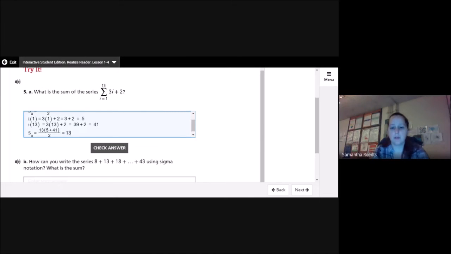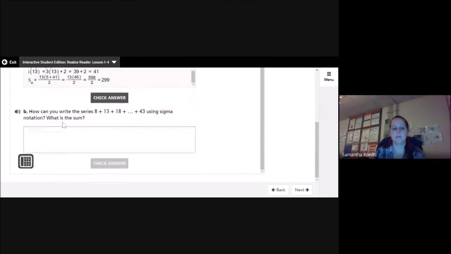So equals 13 times 46 over 2, equals 598 divided by 2, equals 299. So I looked at 1 and 13 to find how many terms there were in the series, and then I used my formula, S sub n equals n times a sub 1 plus a sub n over 2, to find out the sum, which is 299.